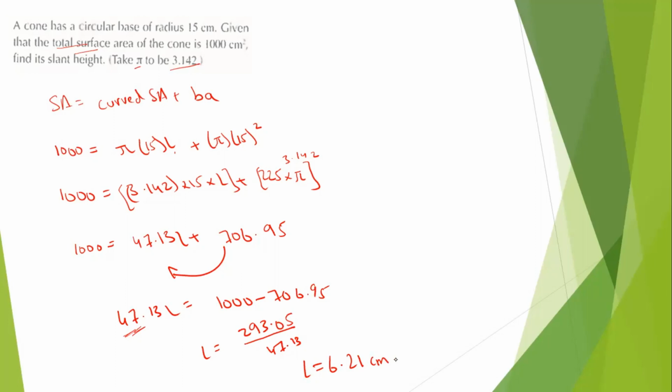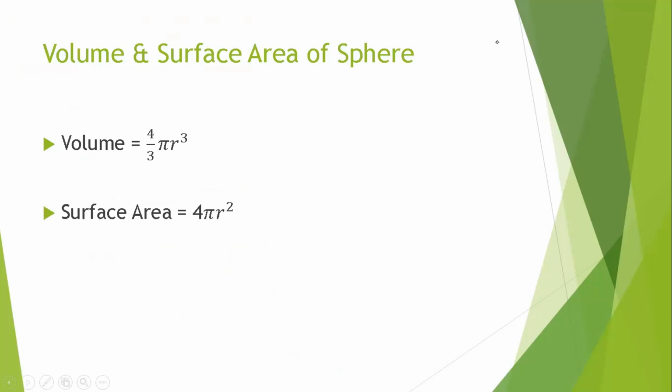Now let's move on to the next question, which will be a sphere. Volume and surface area of a sphere. The formula for volume is 4/3 pi r cubed, and the surface area formula for a sphere is 4 pi r squared. Its formulas are totally different from the other two, so you might have some trouble remembering, but try to memorize them.